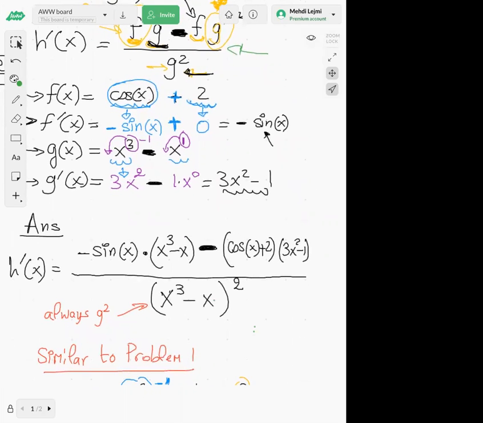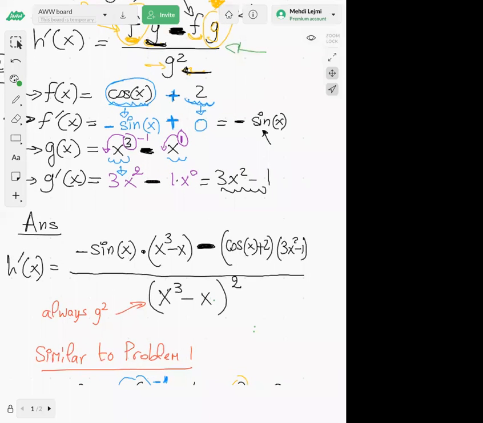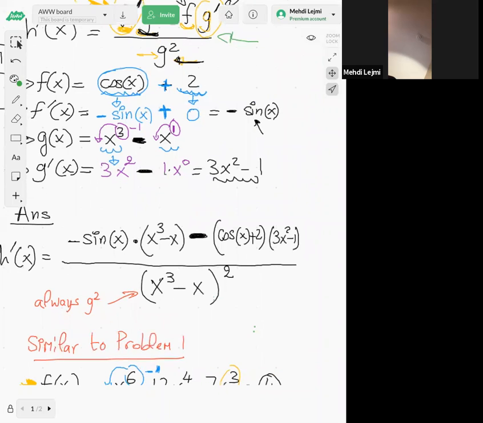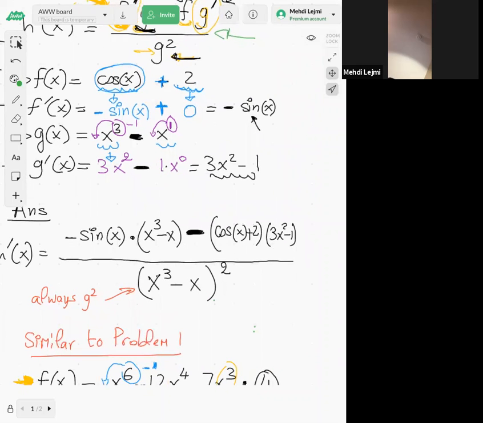It depends on the problem. Here it's not possible; even if I distribute everything, there's no cancellation. Sometimes it's possible to simplify, sometimes it's not. So here, that would be a fine answer because there's no more simplification.